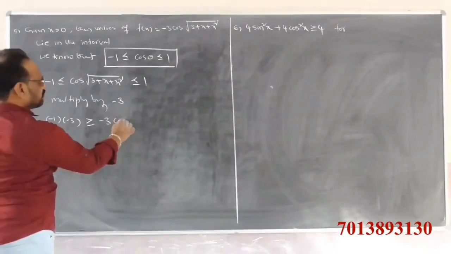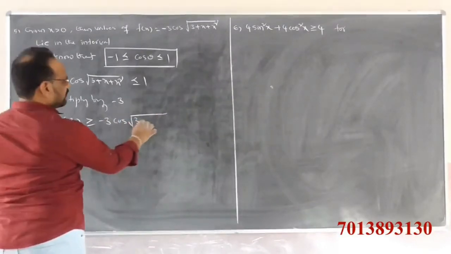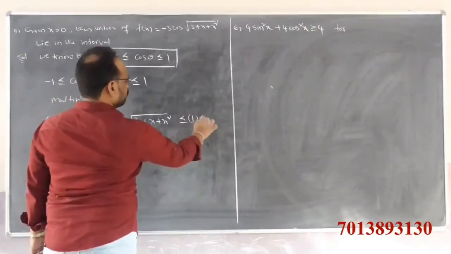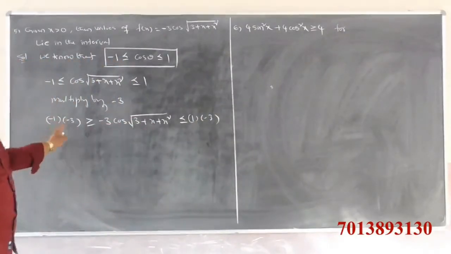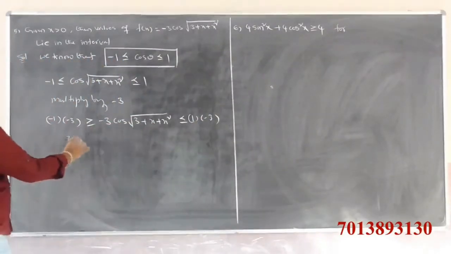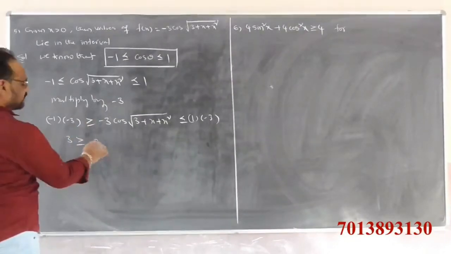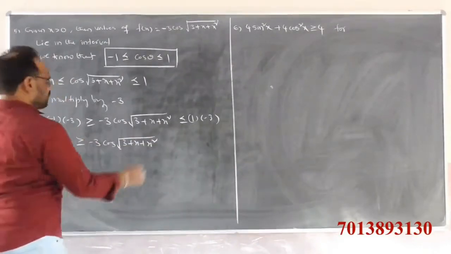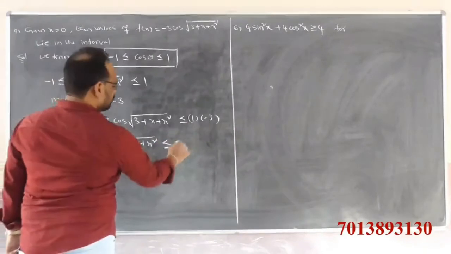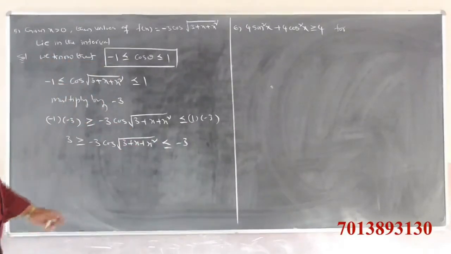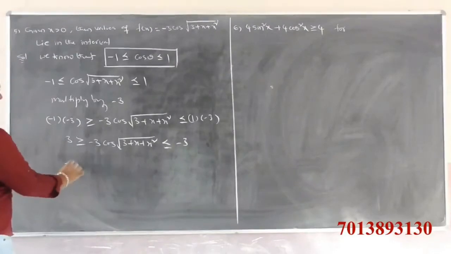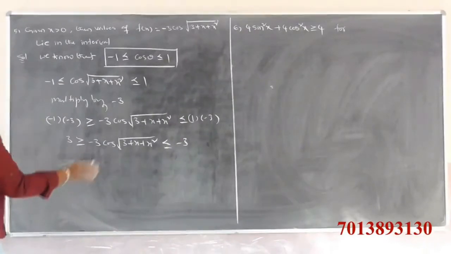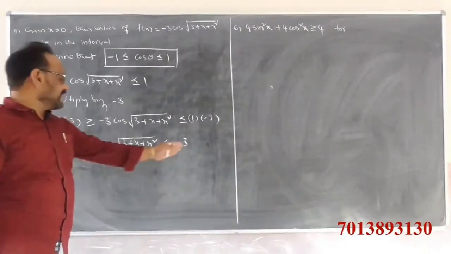So minus 1 into minus 3 we get plus 3, which is greater than or equal to minus 3 cos of the square root of 3 plus x square, which is less than or equal to 1 into minus 3, we get minus 3. The maximum value is plus 3 and the minimum value is minus 3.